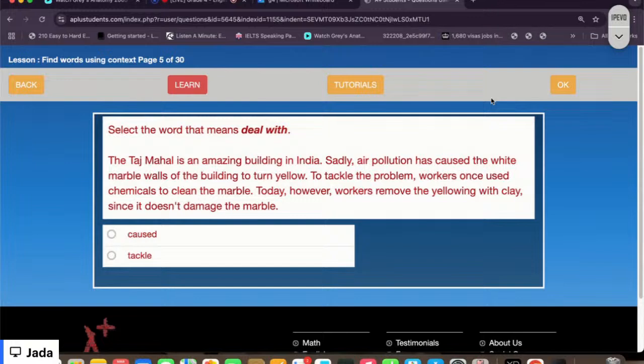Sadly, air pollution has caused the white marble walls of the building to turn yellow. To tackle the problem, workers once used chemicals to clean the marble. Today, however, workers remove the yellowing with clay since it doesn't damage the marble. So deal with, is it cost or tackle? What do you think?